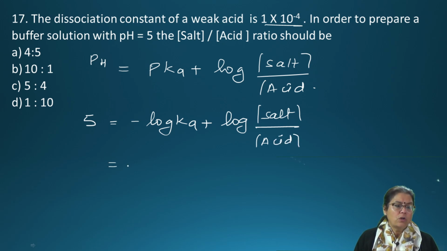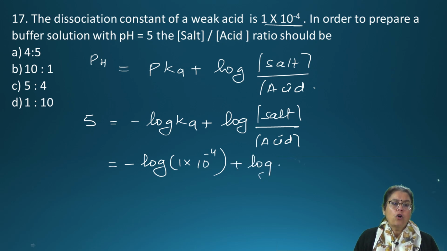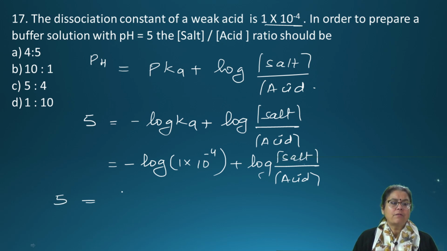That is equal to minus log of 1 into 10 raised to power -4 plus log of concentration of salt upon concentration of acid. So 5 is equal to minus log of 1 into 10 raised to power -4. That will become equal to 4.